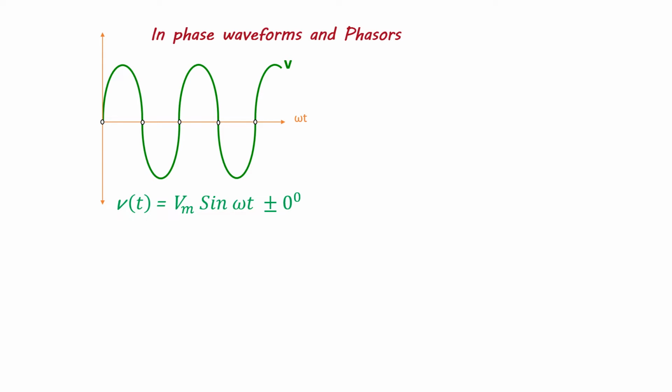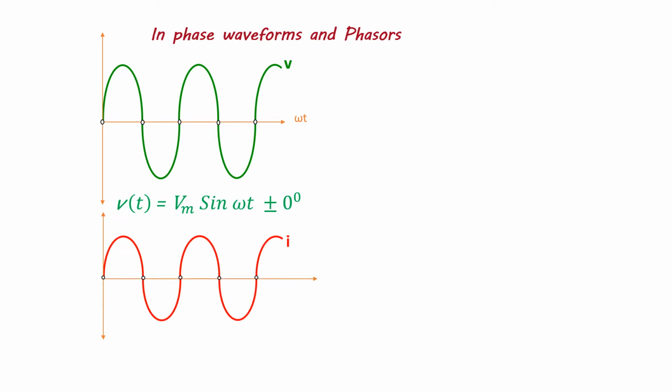We have put plus or minus 0 degrees because the waveform is drawn passing through the origin. Let us take another waveform of a current. The equation of this waveform is i of t is equal to Im sine omega t plus or minus 0, because this waveform is also drawn starting and passing through the origin.